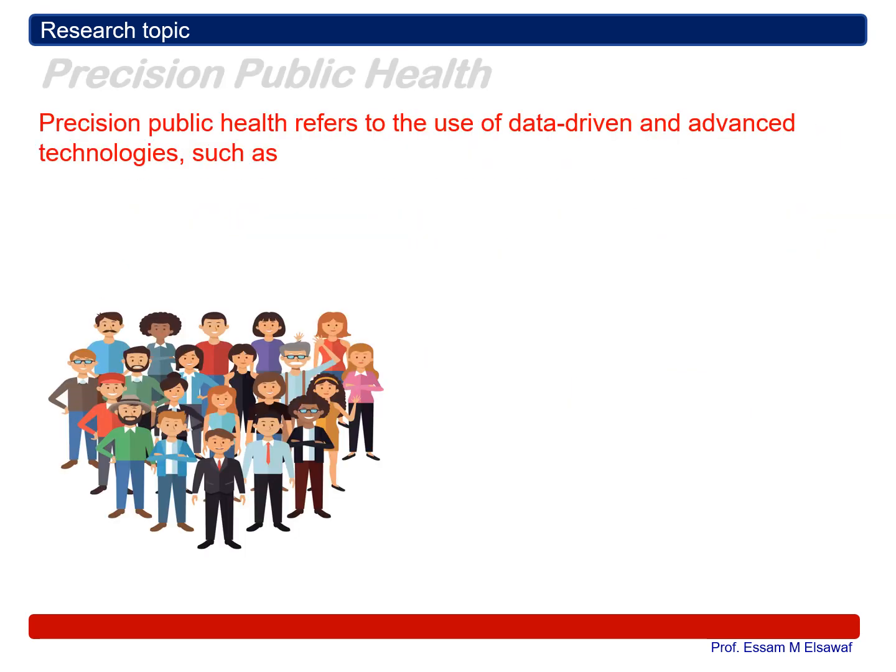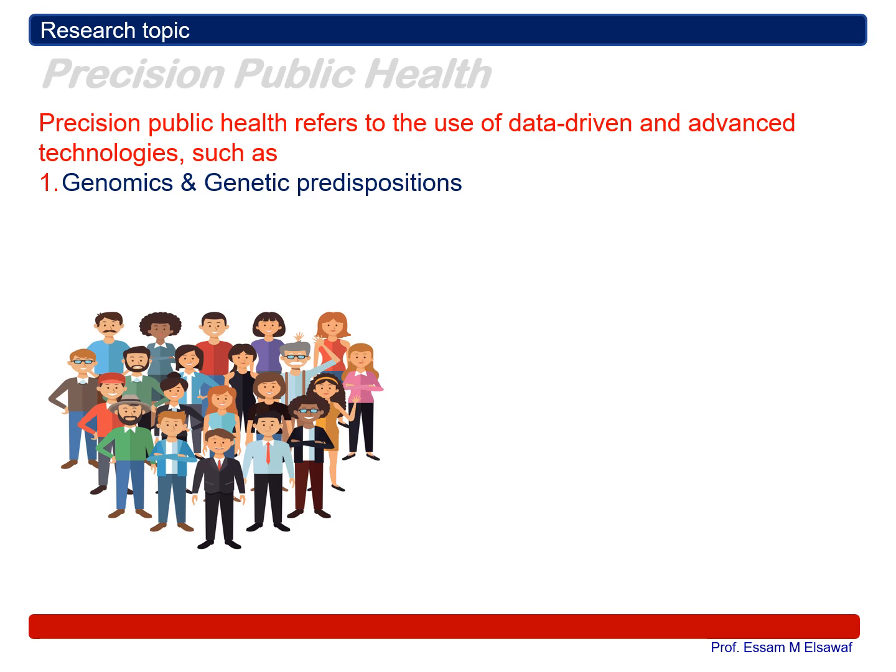Precision public health uses data-driven and advanced technologies like genomics and genetic predispositions. Genomics here means what we call the genetic profile or genetic makeup of any person. Genetic predisposition means who is more prone than others to certain disease, which is accelerated by genetic disorder.